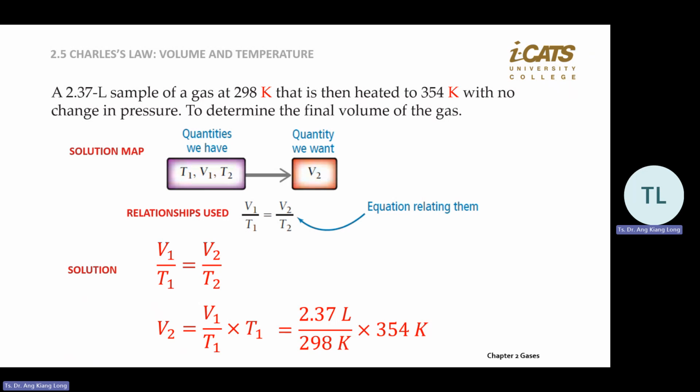Cancel out the unit. Get 2.83. Okay, the concept is easy, as long as you understand what Charles' law is. The rest is just substitution. Okay, nothing complex, yeah?